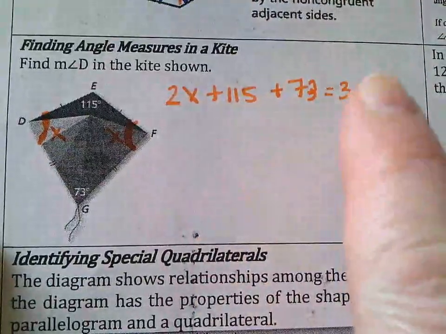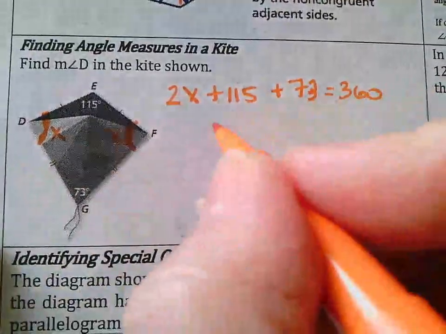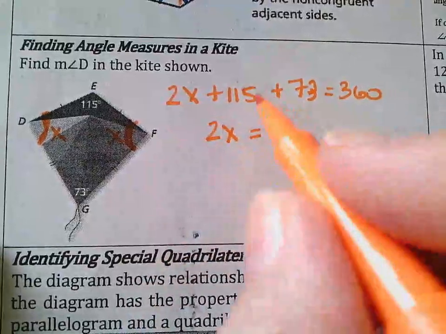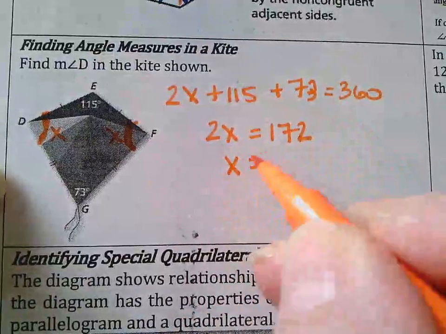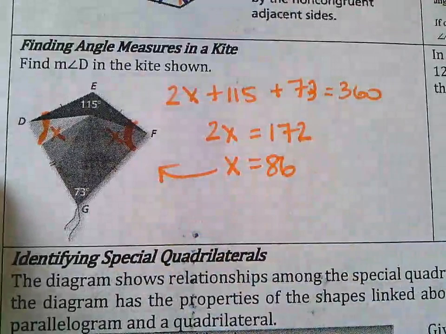How do I get that? There's 360 degrees in every quadrilateral. Please don't forget it. So 2X equals 172, and X is equal to 86. So each angle here is 86 degrees.